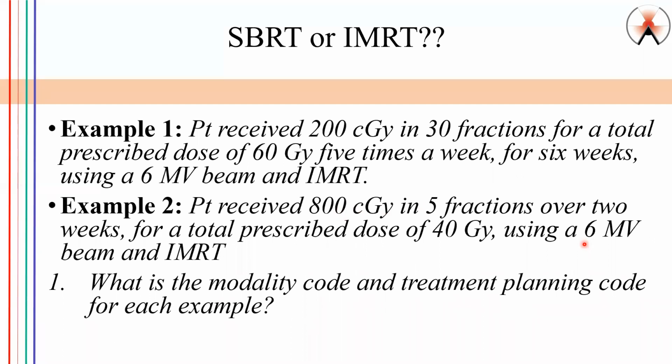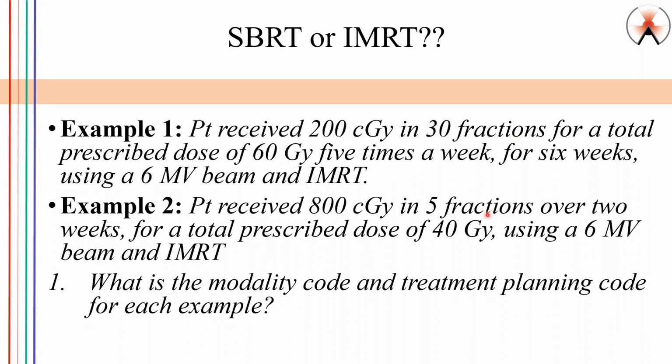Now, when we look at the planning technique, it's easy to just focus on IMRT and IMRT here. We also have to take it a step further and consider the dose fractionation that was used. It's quite different between the two.